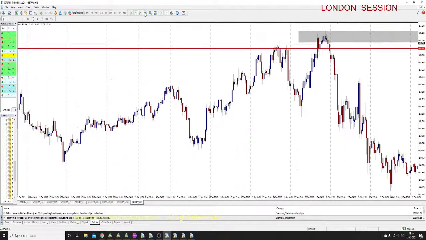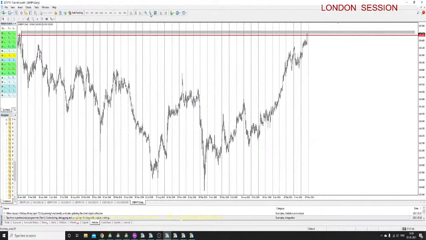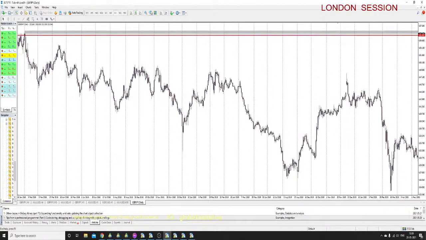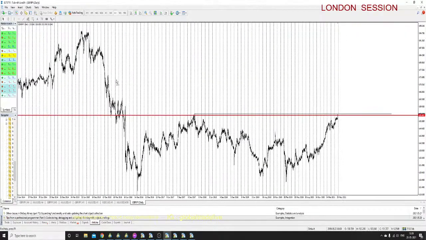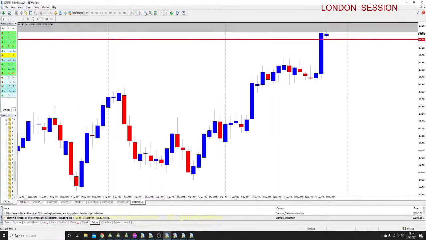Okay, so by looking at the 4-hour, as we can see, this is the clean area according to the 4-hour, and right now the market is at really strong resistance. It has reached all the way to the upside to the resistance zone over here. So now what do we do here?